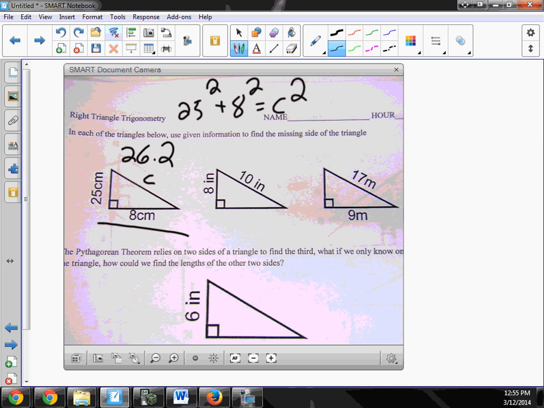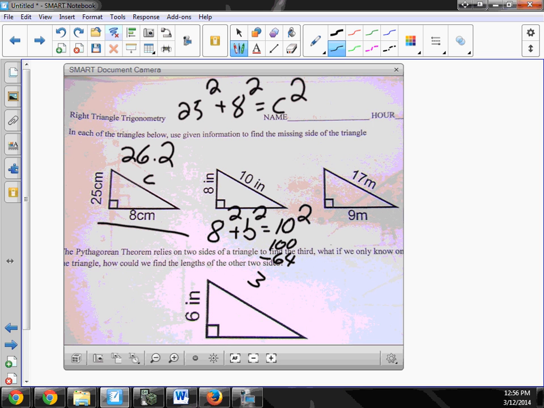26.2. Okay, how am I going to find the second one? Well, we can't do tangent because we don't have an angle. Good. 8 squared plus b squared equals 10 squared. So that's 100, and I'm going to subtract 64, which is 36. So b squared equals 36.